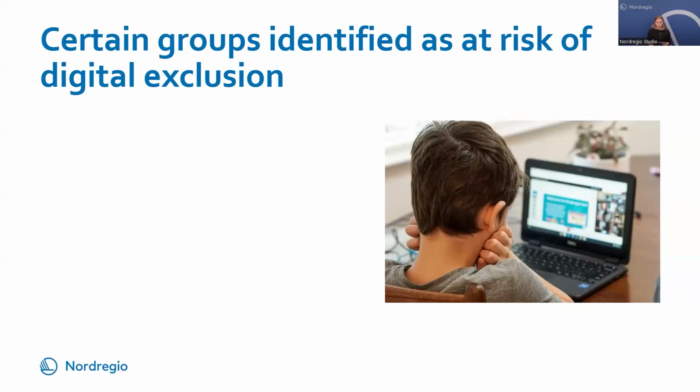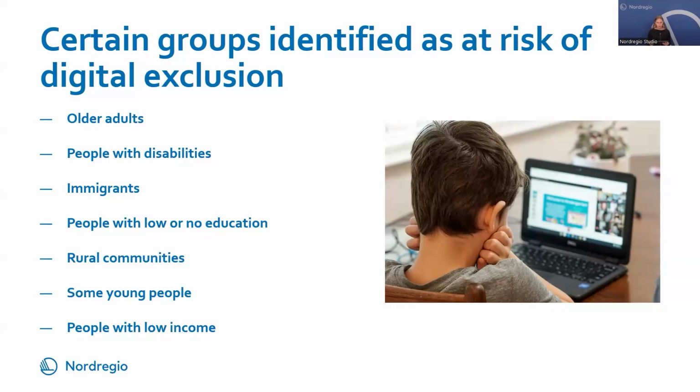So now I have been talking about the consequences and the risk of exclusion, but who are actually at risk of facing this? This slide provides a closer look at the various groups identified as at risk of digital exclusion, and we have looked more closely at older adults, people with disabilities, immigrants, people with low or no formal education, rural communities, some young people, and people with low income.